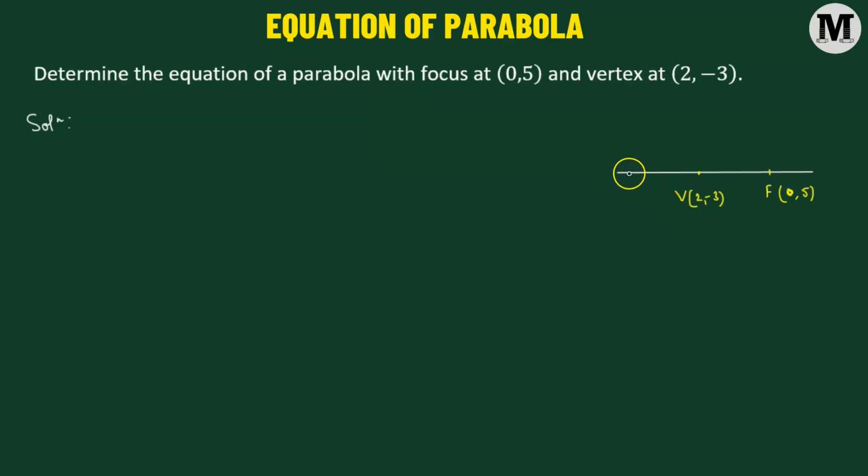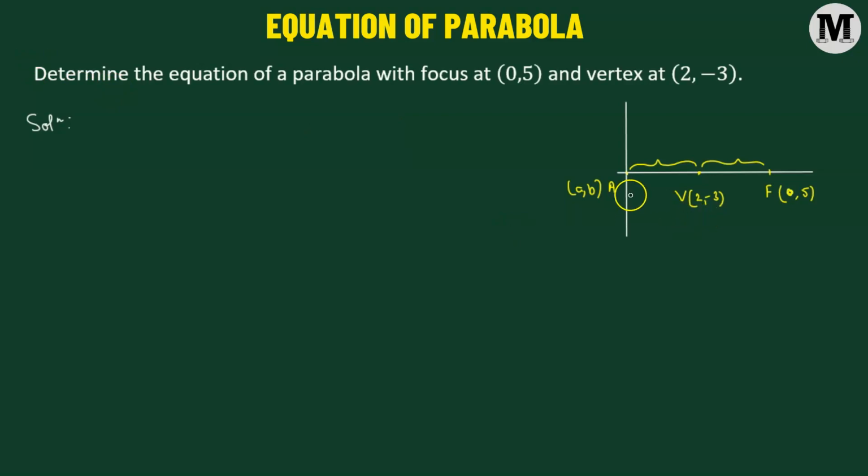Now, we're going to choose another point on the same line, and we're going to call it point A. Let's say this has the coordinates (a, b). Point A's position is important here. It's chosen in such a way that its distance from the vertex is exactly equal to the distance of the focus from the same vertex V. Now, we're going to pass a line through this point A in such a way that it is perpendicular to the axis of symmetry line.